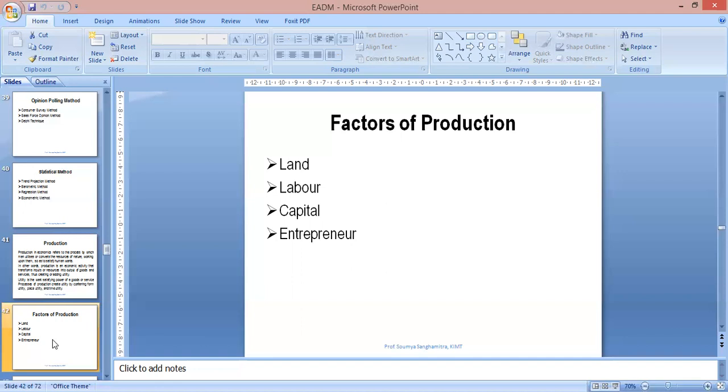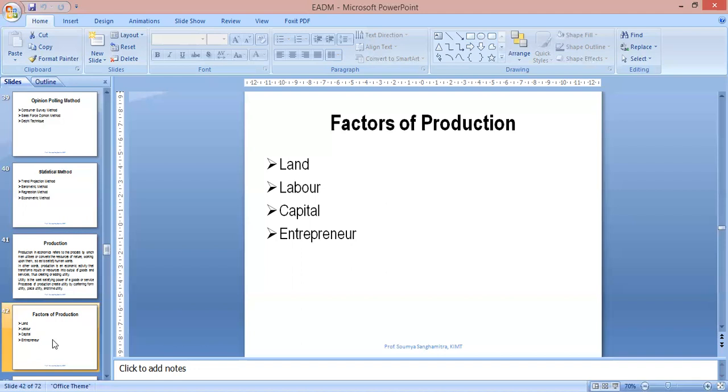And capital. Capital may be defined as that part of wealth of an individual or community which is used for further production of wealth. In fact, capital is a stock concept which yield is periodical income, which is a flow concept, and capital is defined as produced means of production.